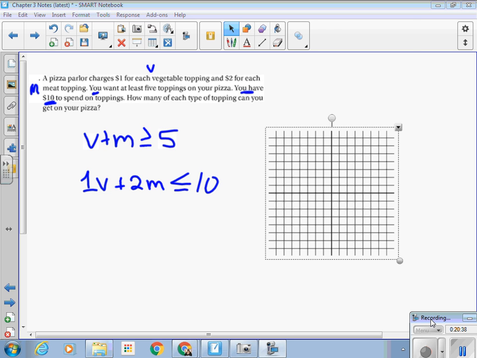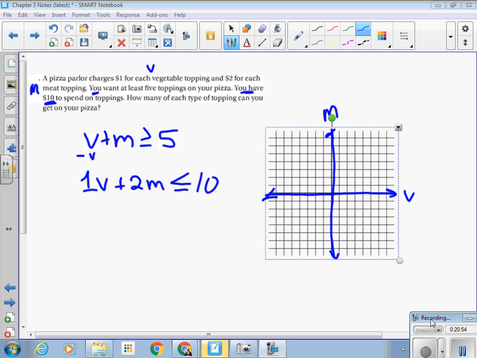All right, so we're going to graph this. I'm going to let my meat be on the y and my V be on the x. Look, meat's on the y, V's on the x. So if I solve for M, I get M is greater than or equal to negative V plus 5.